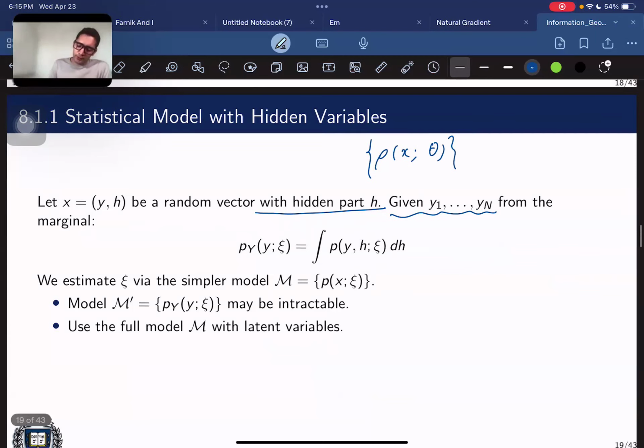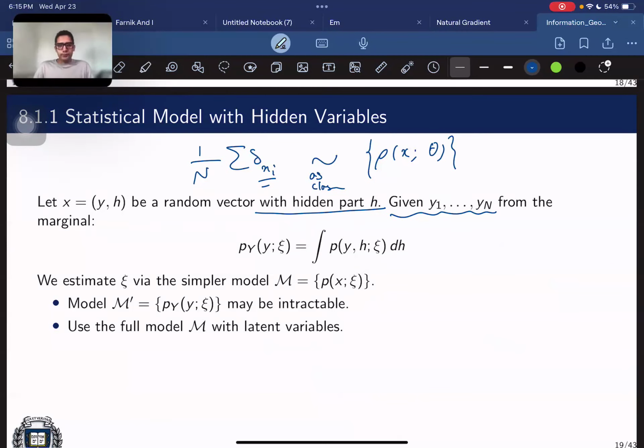We want it to be as close as possible, but we don't have access to the xi's. We have just partial observation.